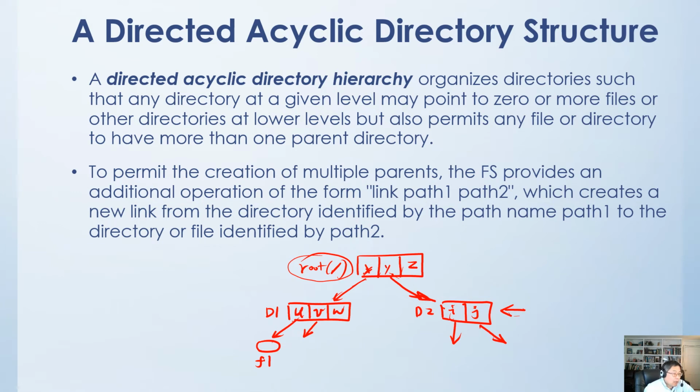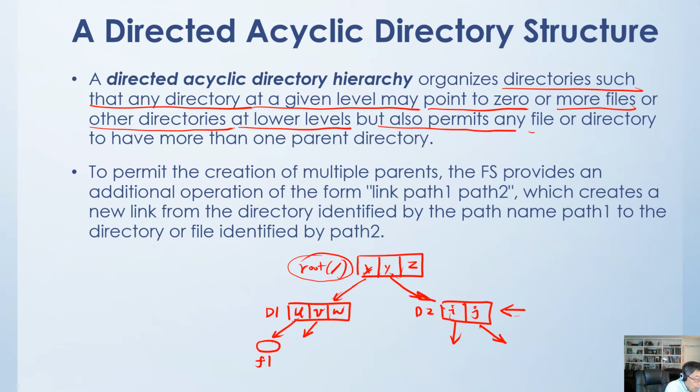A directed acyclic directory structure organizes directories such that any directory at a given level must point to 0 or many files, or other directories at the lower levels, but also permits any files or directories to have more than one parent directory. So that means a file or a directory may have multiple parents.